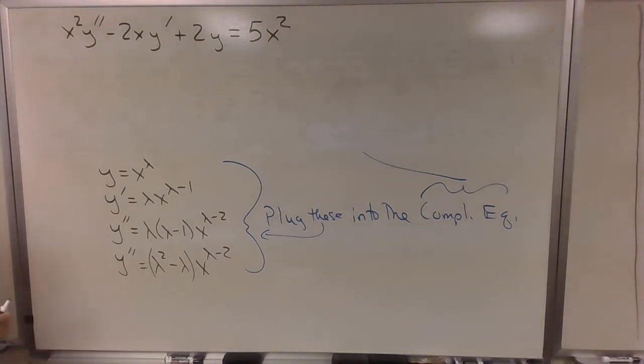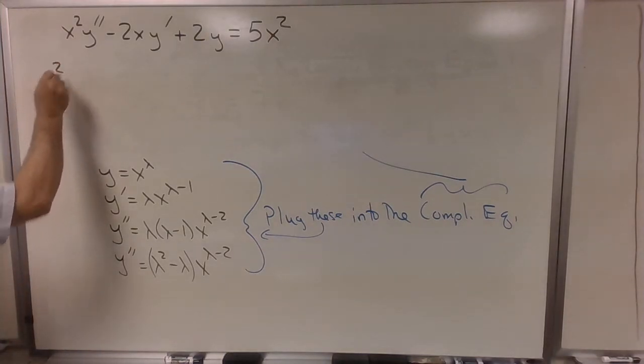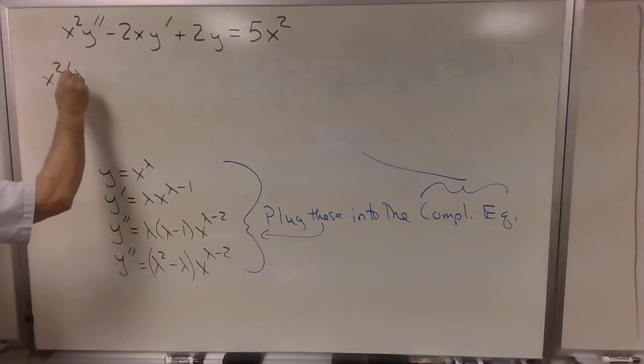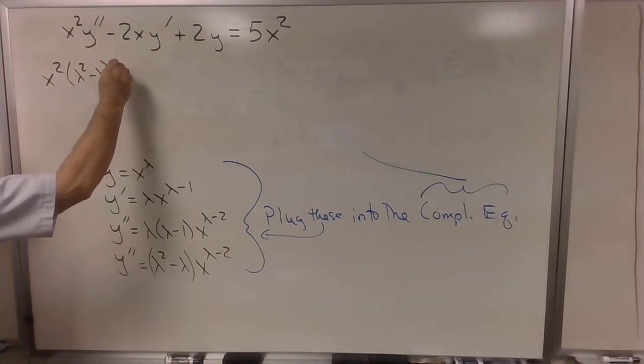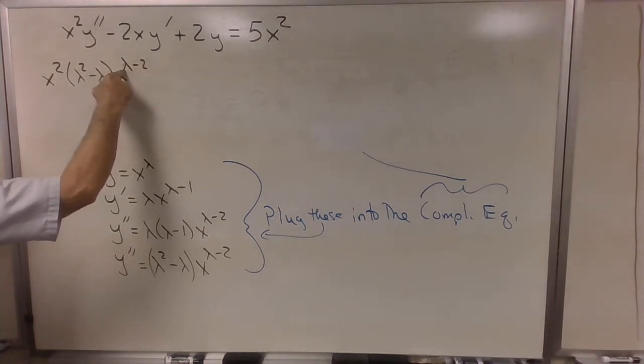So let's see, we have x squared y double prime, and y double prime is lambda squared minus lambda x to the lambda minus 2.